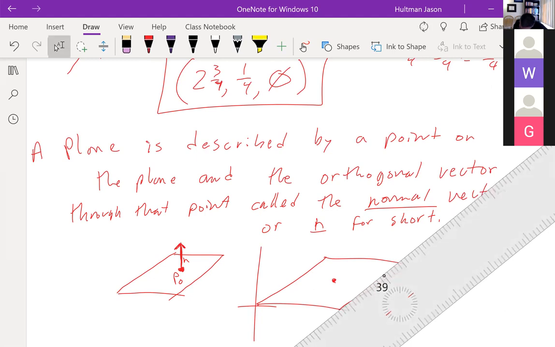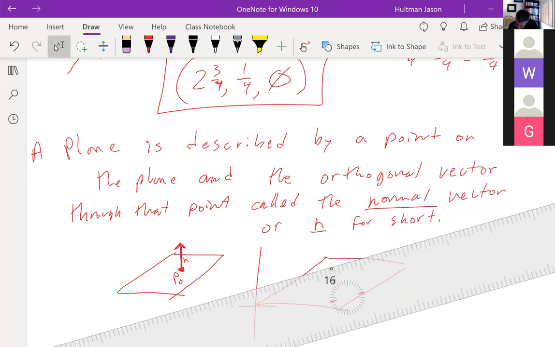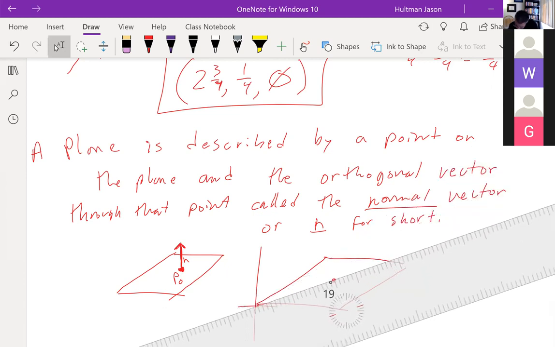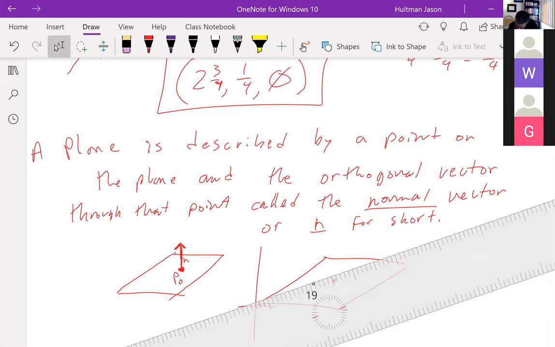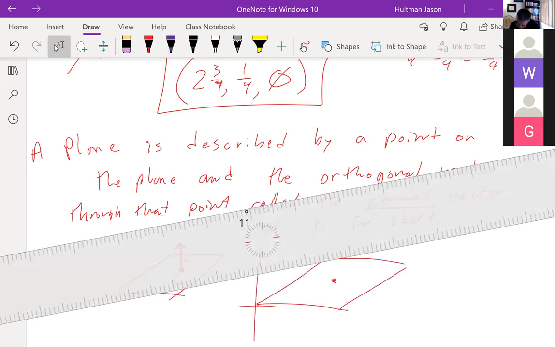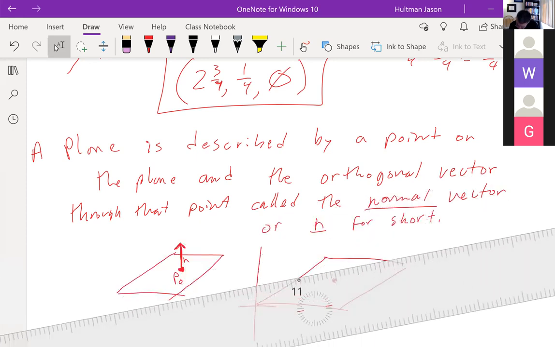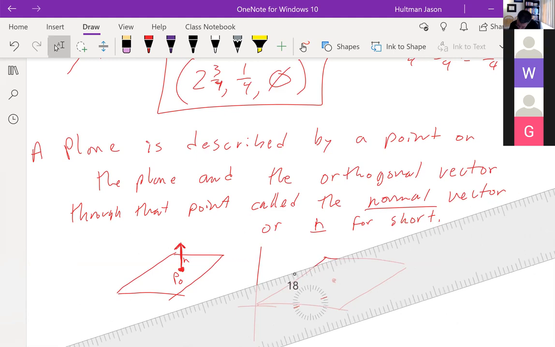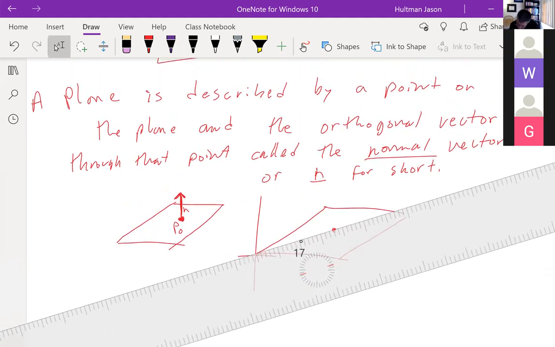Come on, move ruler. There we go. Come on, what the heck? I'm just going to move this up. It doesn't like it when I get to the edges.